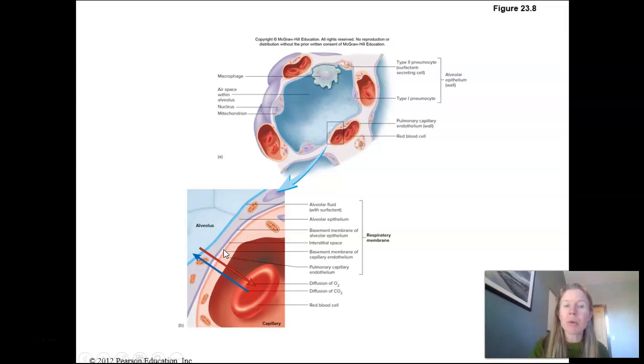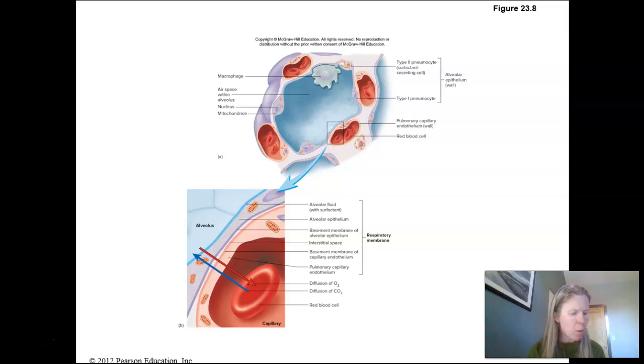Okay. We then have a little bit of interstitial space, intercellular space. Then we have the basement membrane of the capillary epithelium, and then the capillary epithelium itself, which is another simple squamous cell. We've called that endothelium, specifically. So really, you've got the alveolar epithelium, the capillary epithelium, both of their basement membranes, and that little bit of interstitial space.